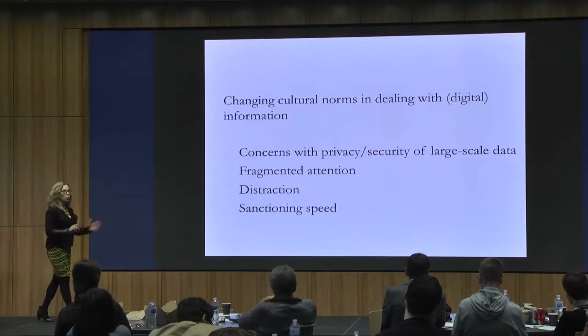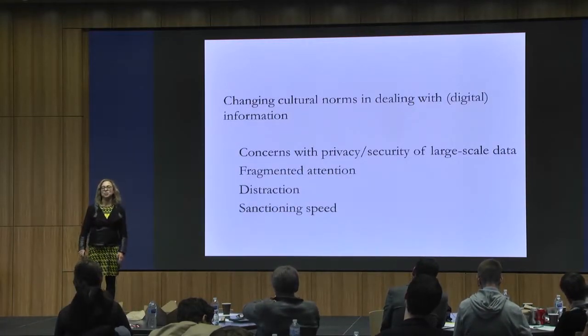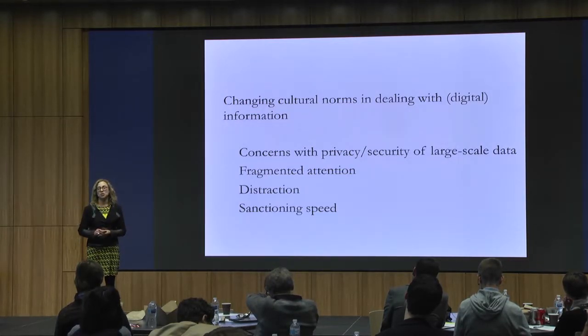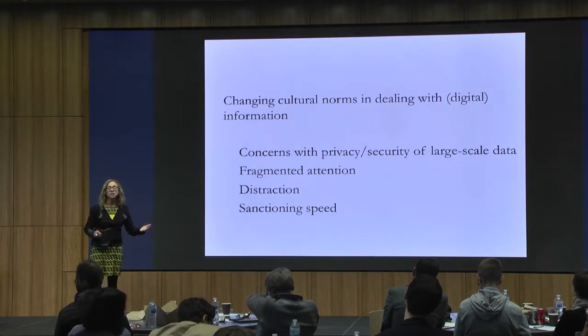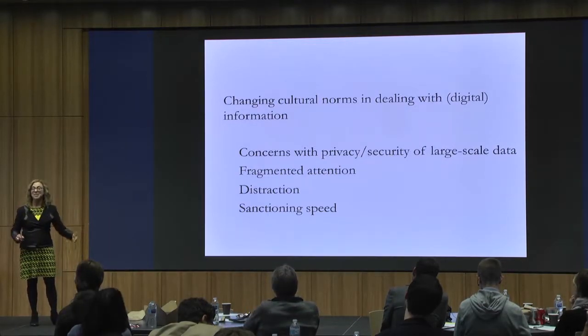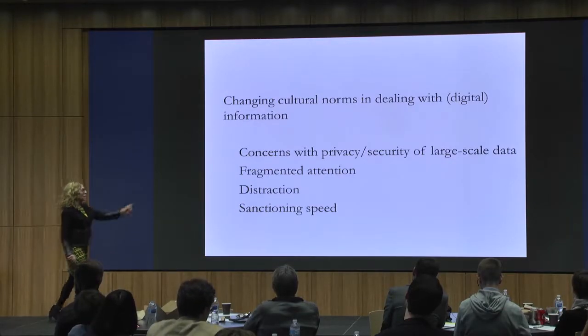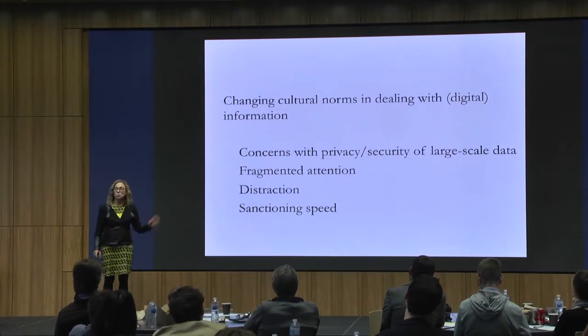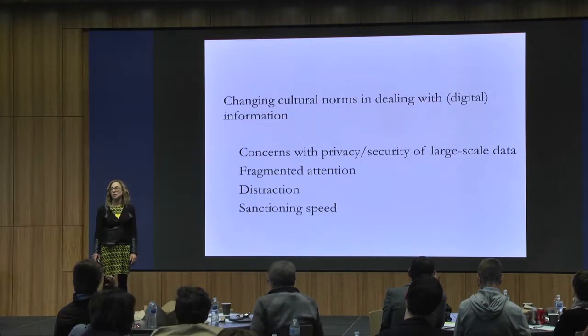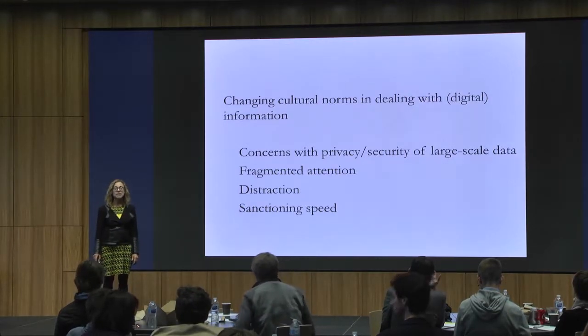So what we're seeing is changing cultural norms in dealing with digital information. I've been doing this for some years. I am seeing that the duration of attention seems to be declining. We do need to be really cognizant of the concerns with the privacy and security of this kind of large-scale data.